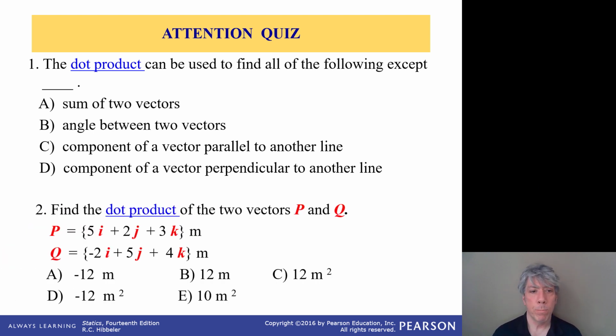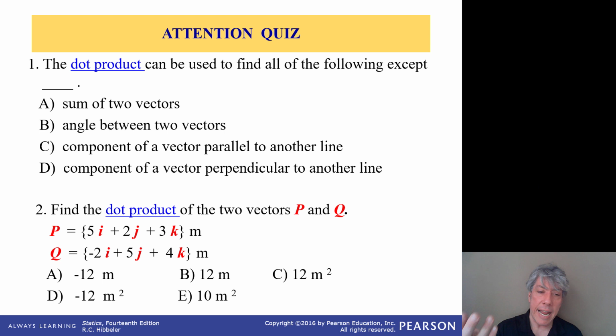Okay. Find the dot product of the two vectors P and Q. Okay, so to find the dot product, all we need to do is take each of the components and multiply them by each other and then add. So for example, 5i times -2i, well, i dot i really is just 1. So 5 times -2 then is -10 times 1 then is -10.